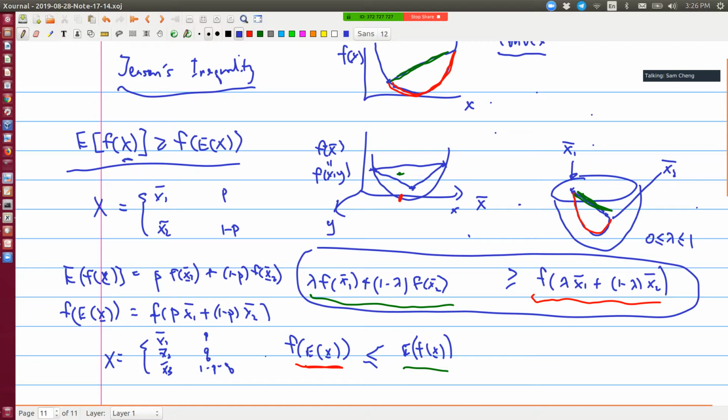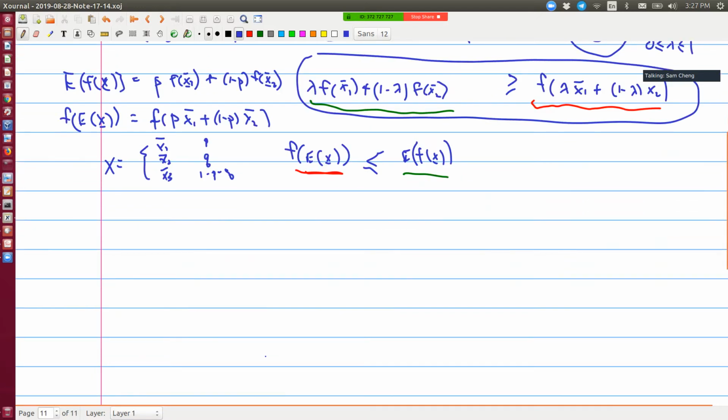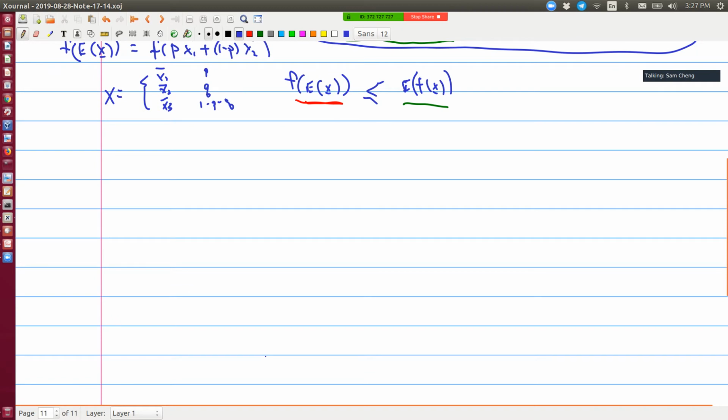So okay, we'll use the Jensen inequality, for example, to show the upper bound of the conventional entropy.